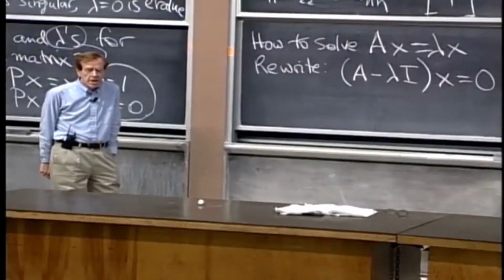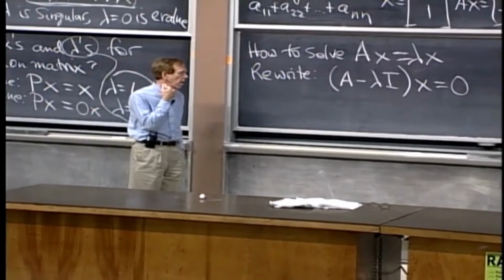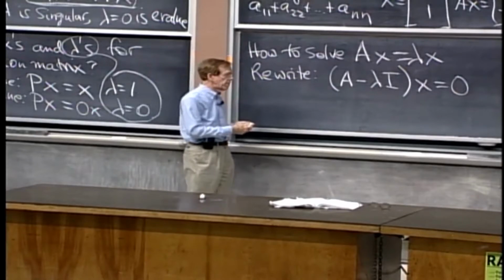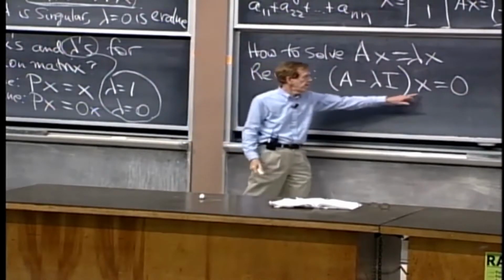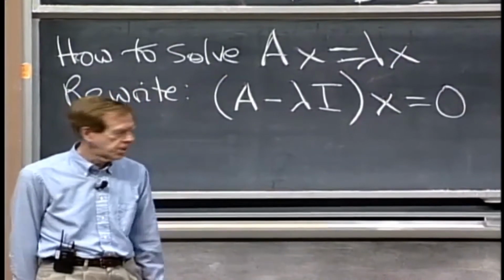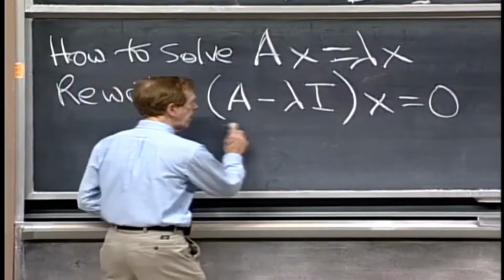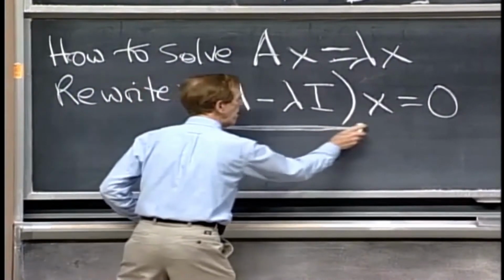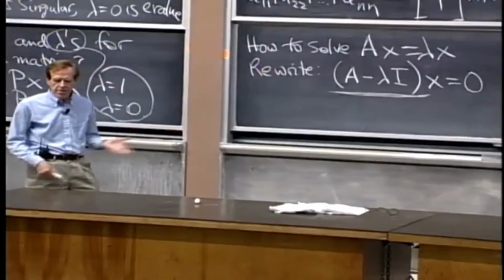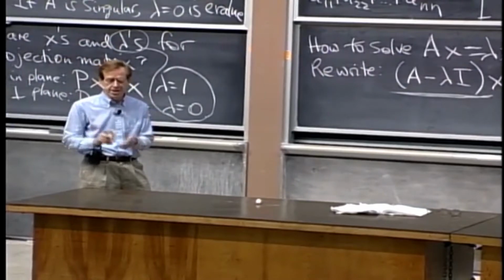I don't know lambda and I don't know x, but I do know something here. What I know is if I'm going to be able to solve this for some x that's not the 0 vector, that's a useless eigenvector, doesn't count, then this matrix must be what? If there is an x, I don't care if right now I don't know what it is.